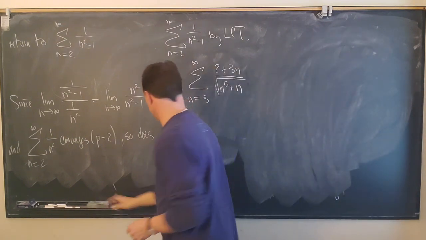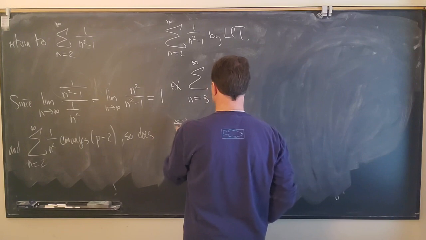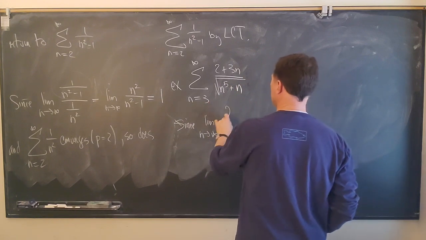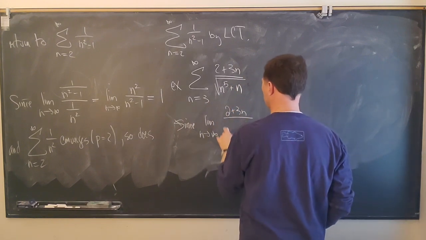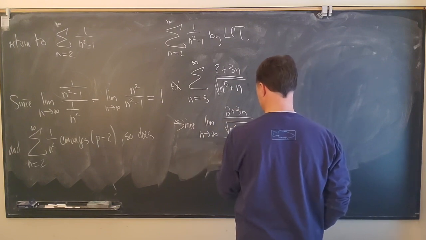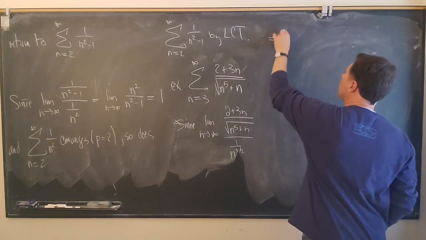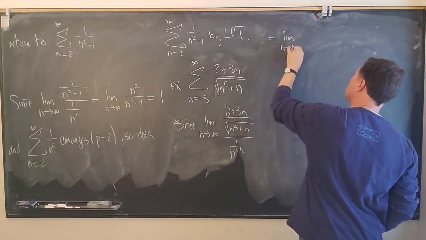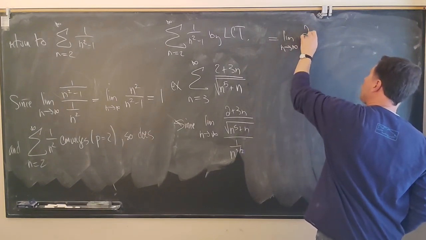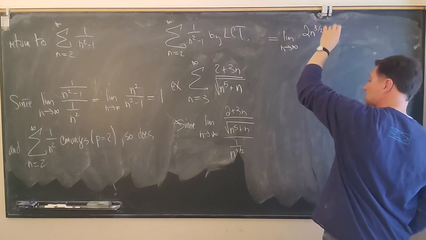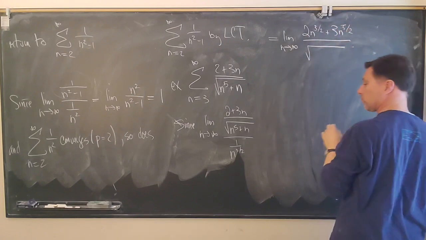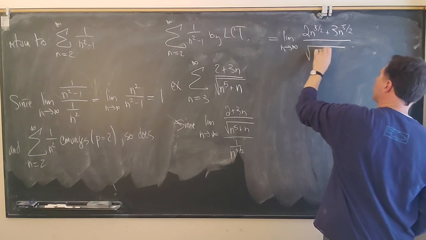So, it goes like this. Since the limit as n goes to infinity of 2 plus 3n over square root of n to the 5th plus n, divided by 1 over n to the 3/2, equals the limit as n goes to infinity of 2n to the 3/2 plus 3n to the 5/2 over square root of n to the 5th plus n.